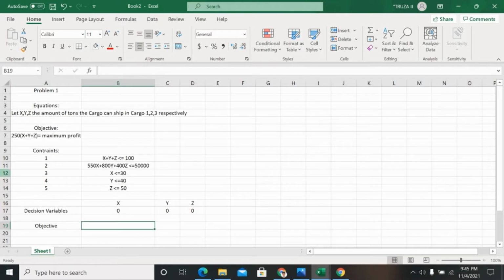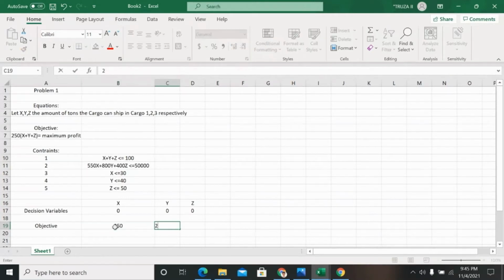Our objective is 250 times x plus y plus z, which should equal the maximum profit. The coefficient of x is 250, of y is 250, and of z is 250, and the total should be the maximum profit.